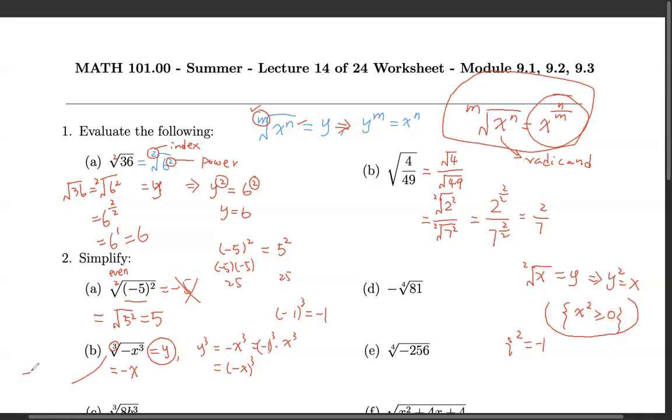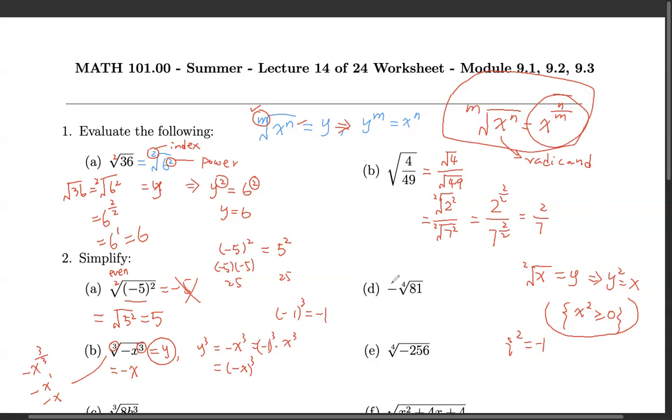We can think of this as -x raised by 3 over 3, because the power is 3 and the index is 3. And that is negative x raised by 1, which is just -x. You can think that way too. Now B is hard to see, so I'll do D, B, C later when I move up the slide.